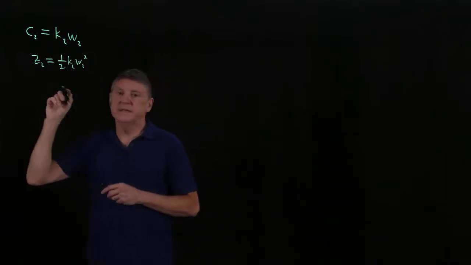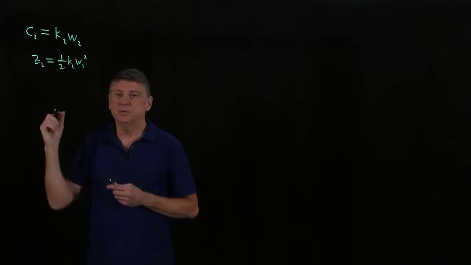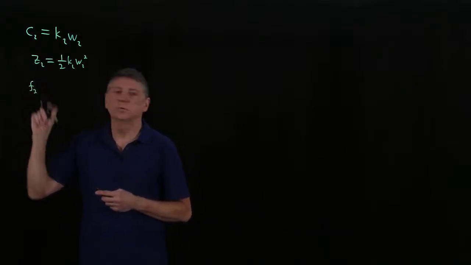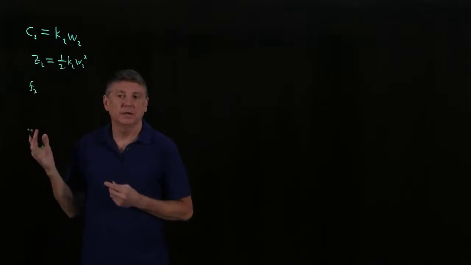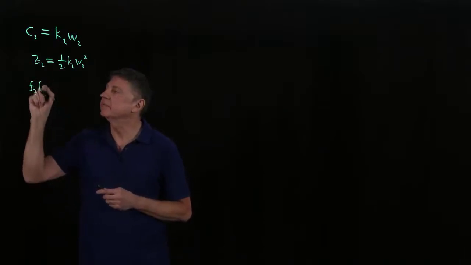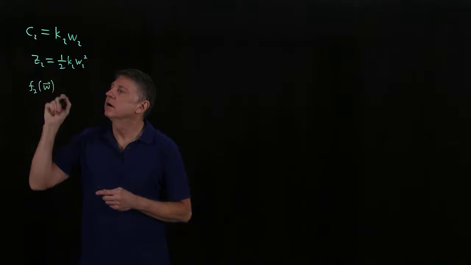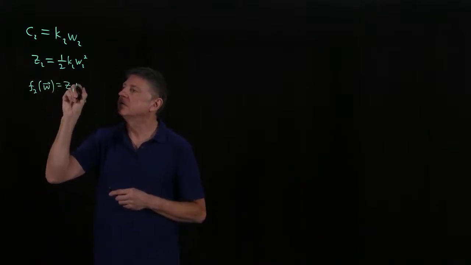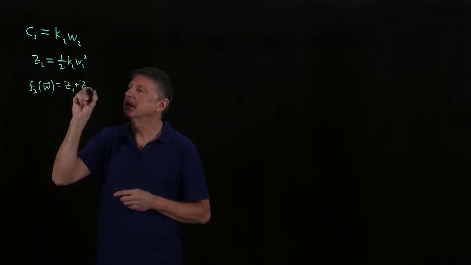And we can then gather these, and we can say that the objective function, and we used F1 in the previous session, here we'll use F2 of a vector argument, will be the sum of the spring energies.